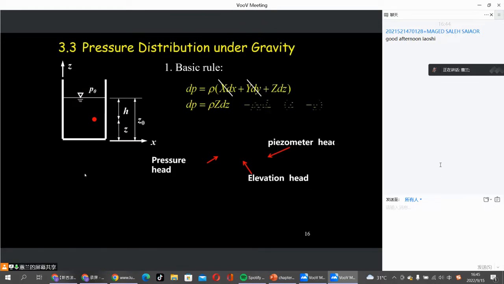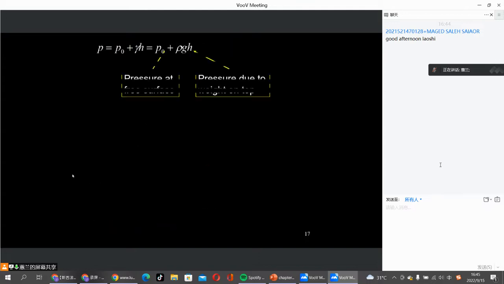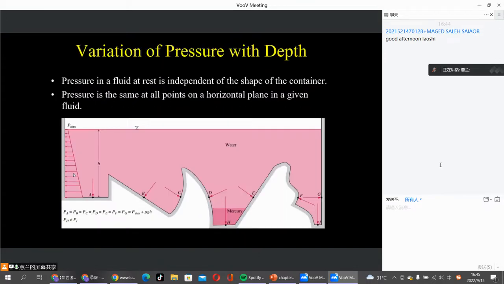Just like here, the pressure is always perpendicular to the surface, okay? Pressure will always be perpendicular to the surface.